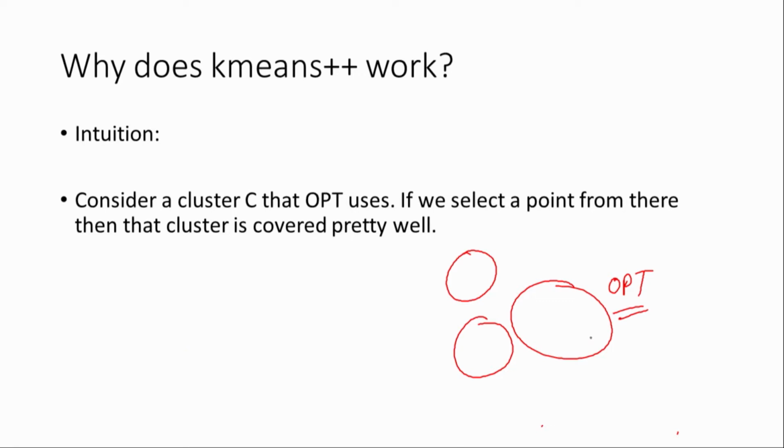What we claim is that if the first point is chosen from some cluster of the optimum, then the total cost of this cluster is approximated pretty well because I've already placed a point in the first cluster. This is not very hard to show.